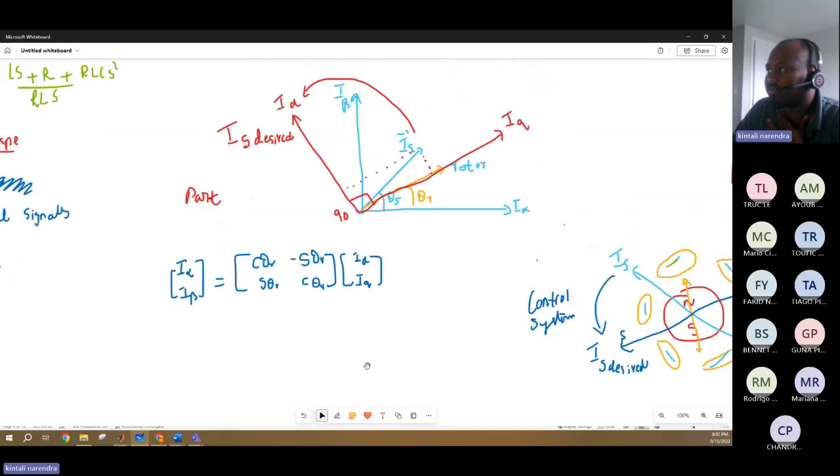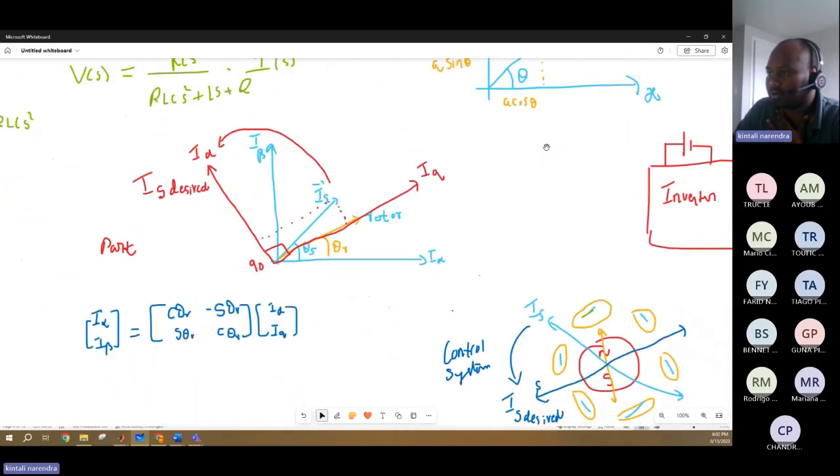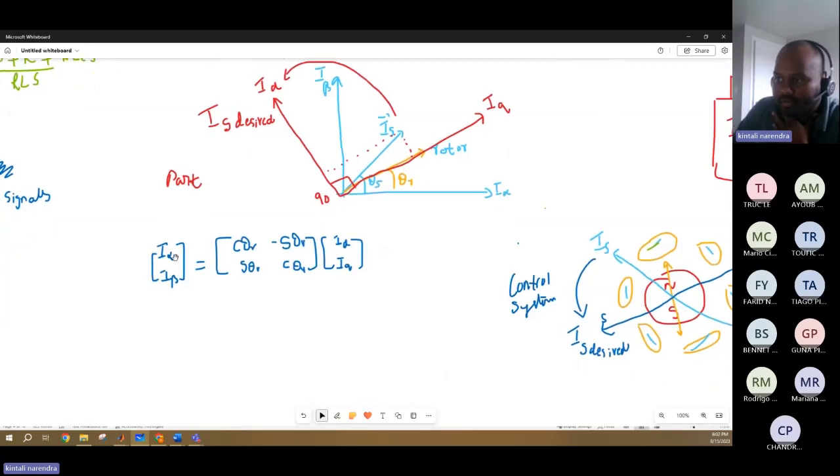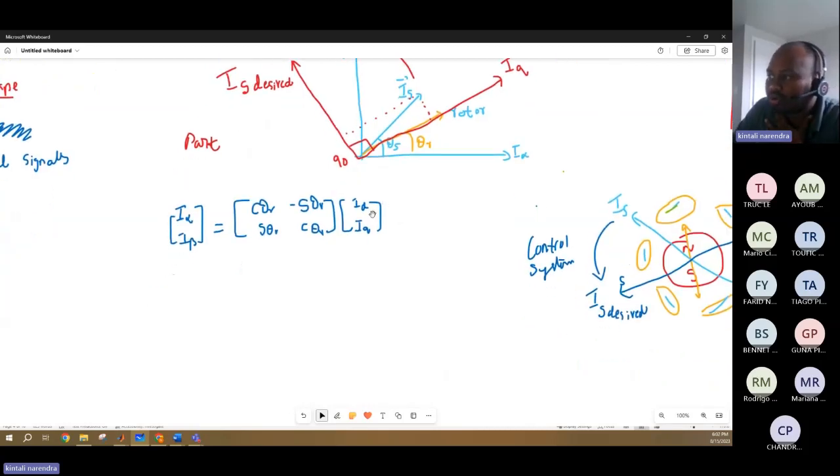From ia, ib and ic, we know I alpha and I beta. We don't know ID and IQ. So we will do the inverse Park transformation.